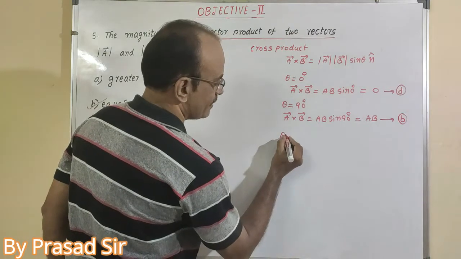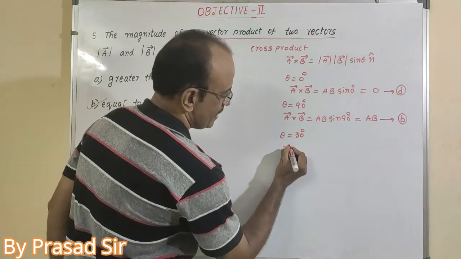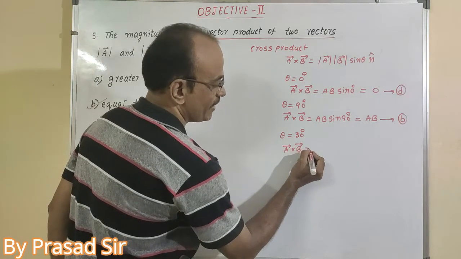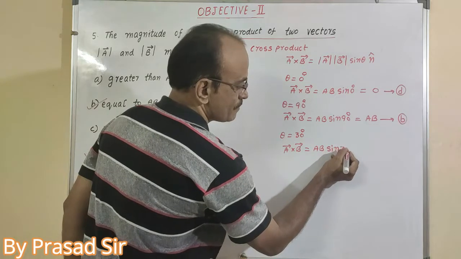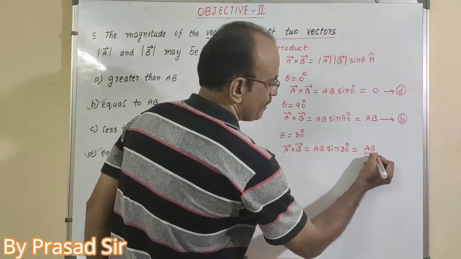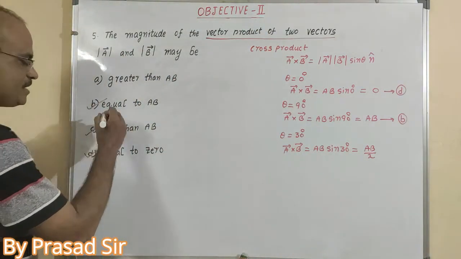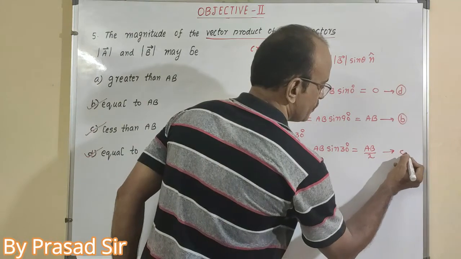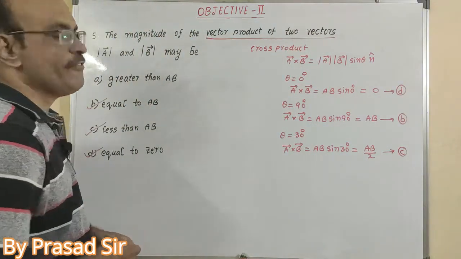Now I will take theta is equal to 30 degrees. A vector cross B vector is equal to AB sine 30 degrees. Sine 30, how much here? 1 by 2. So AB by 2. So that is less than AB. C option is correct. So here is the solution for question number 5.